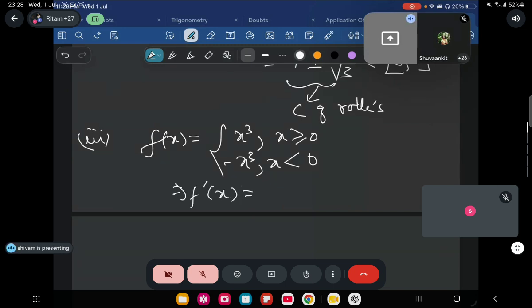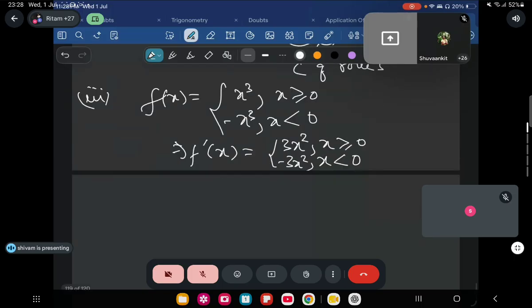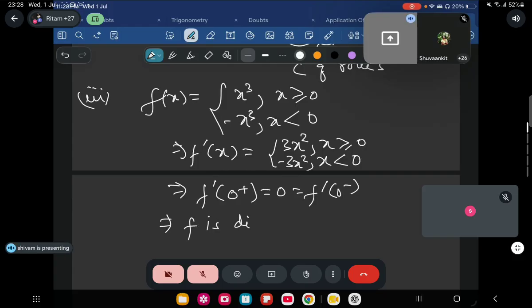F dash x will be 3x square for all x greater than or equal to 0. It will be minus 3x square for all x less than 0. So first of all, let us check whether the function is differentiable or not. Function is continuous. F dash at 0 plus will be 0. It is also equal to f dash at 0 minus. So this implies f is differentiable.